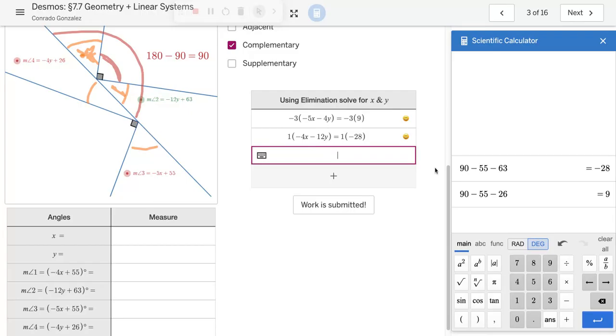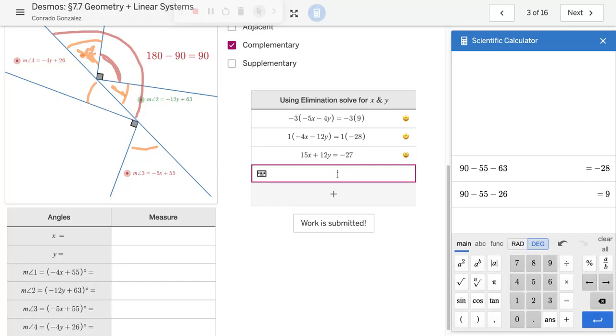So anyways, negative 3 times negative 5 is positive 15x, positive 12y equals negative 27, right? And the second equation doesn't change, so I can just type it in the way it was.